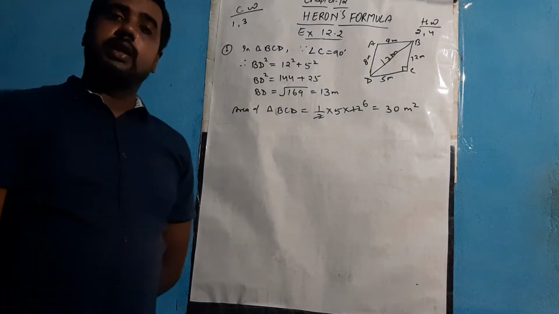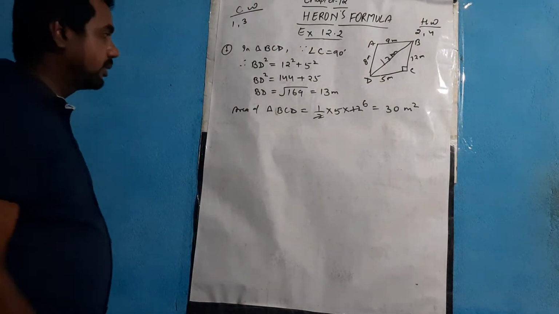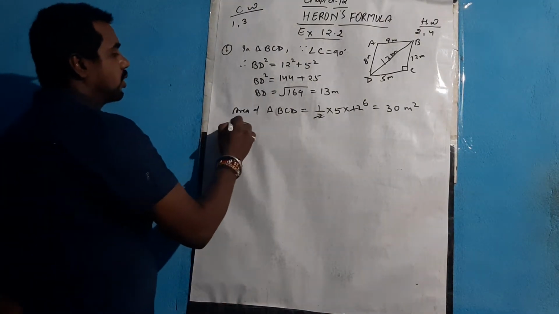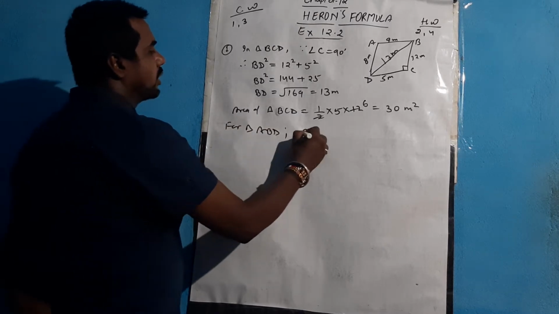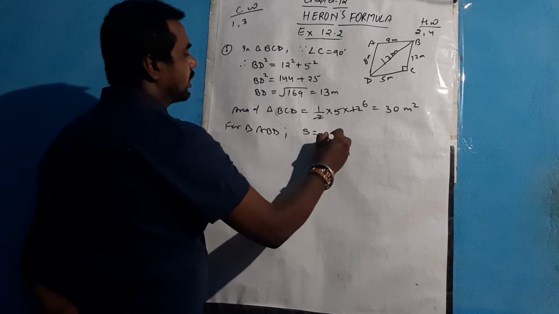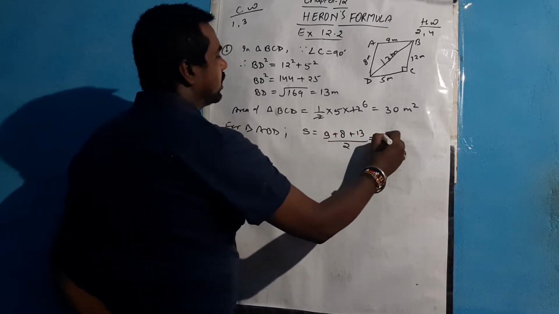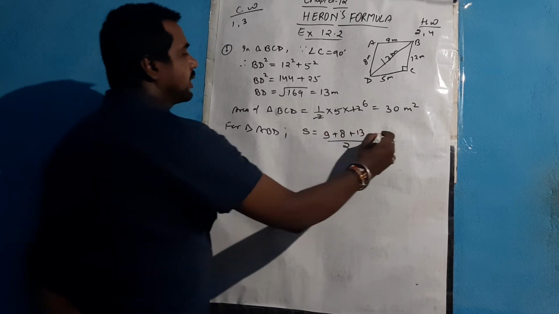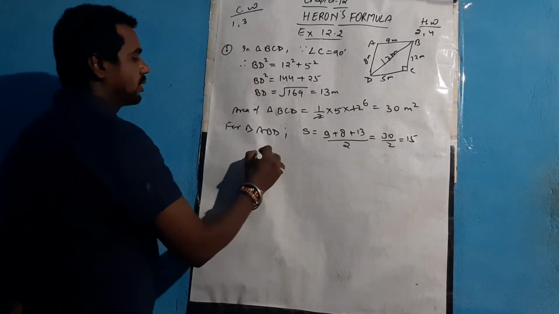Now we will calculate the area for triangle ABD by Heron's formula, as it's a scalene triangle. For triangle ABD, the semi-perimeter will be 9 plus 8 plus 13 by 2, that becomes 30 by 2, which equals 15.